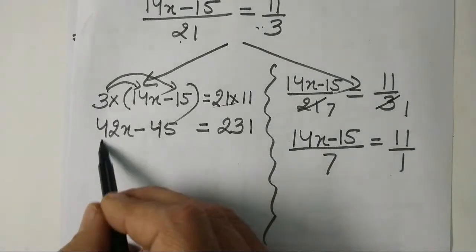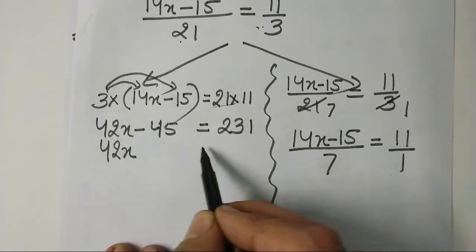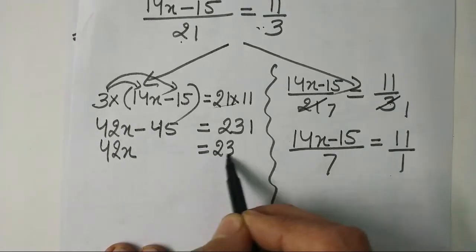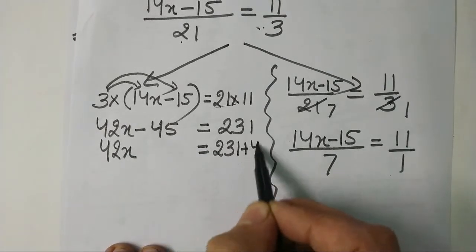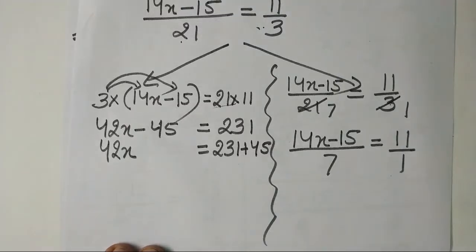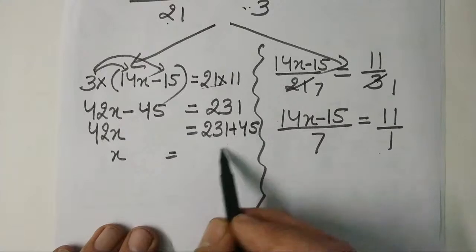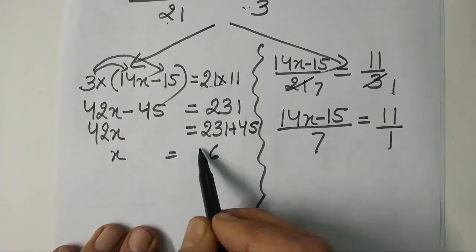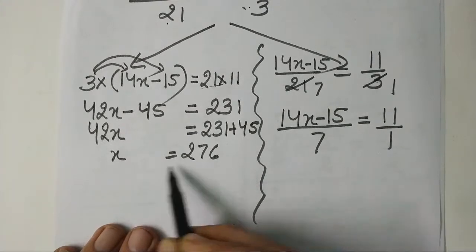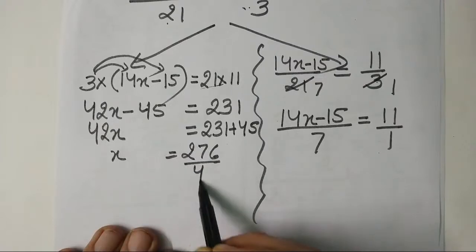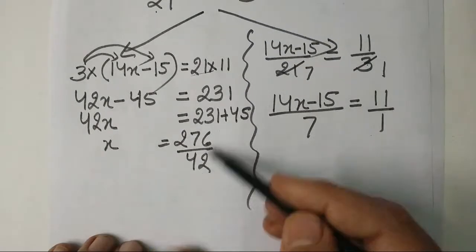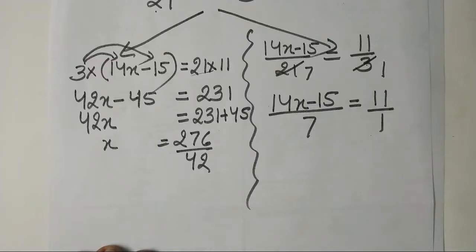And now you keep x on one side, equal to 231 plus 45. And x is equal to, now simplify, 276 upon 42. And you cut it and you get the answer.